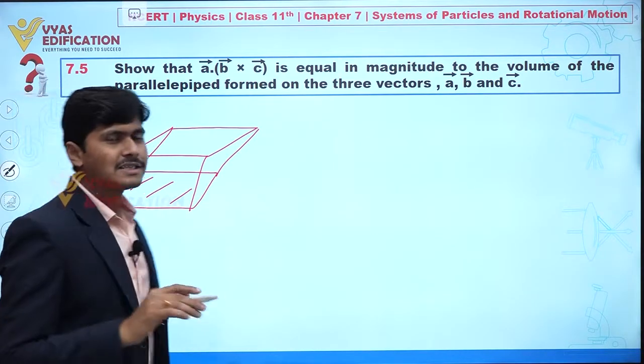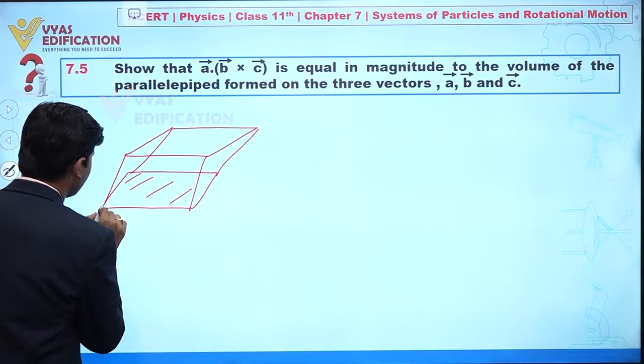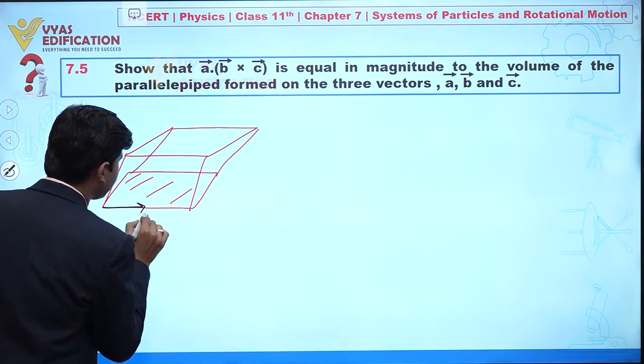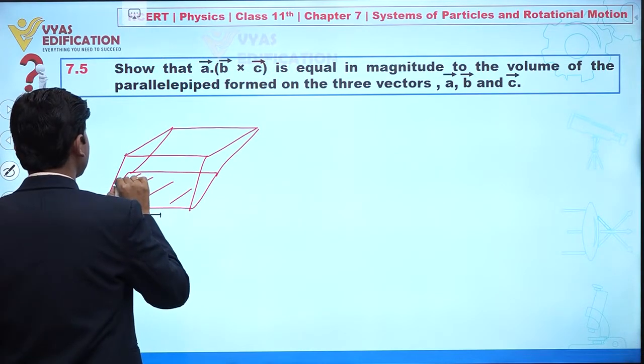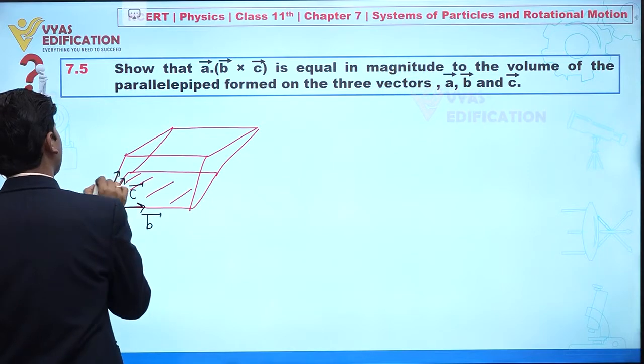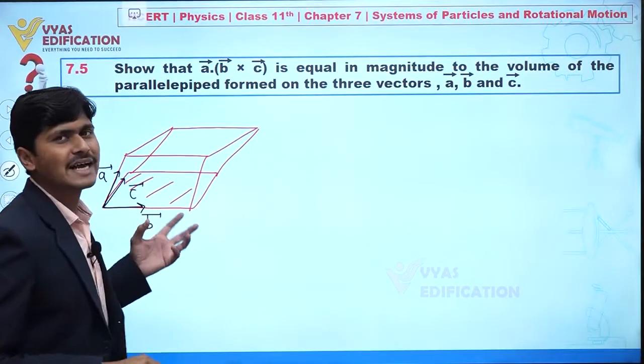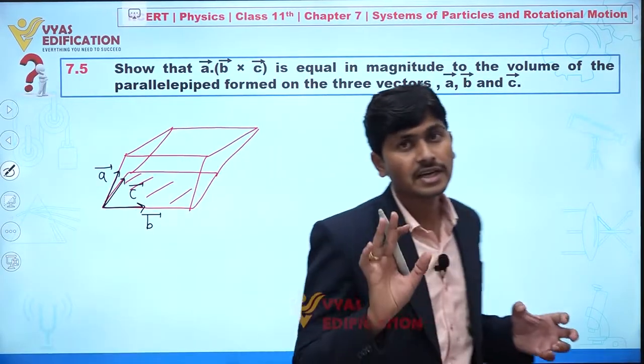Now let's suppose here we have three vectors. This is B vector, and this is C vector, and let's suppose this is A vector. Clear everyone? And let's suppose I draw here the direction of B cross C. Listen very carefully to what I am saying.